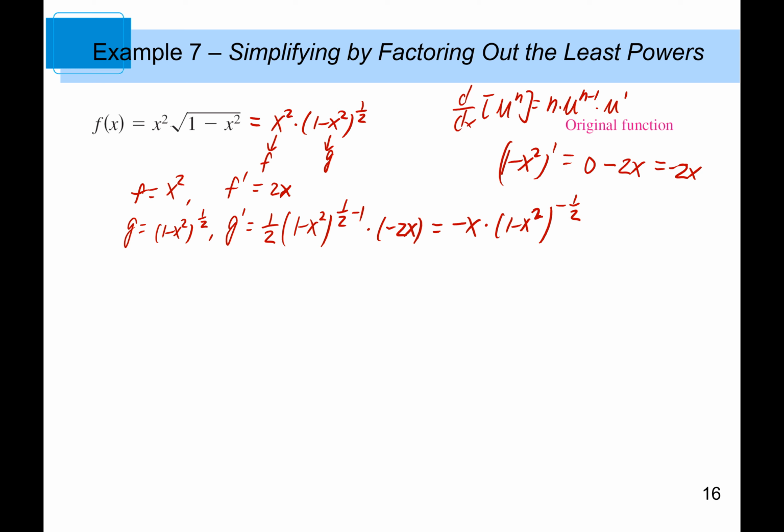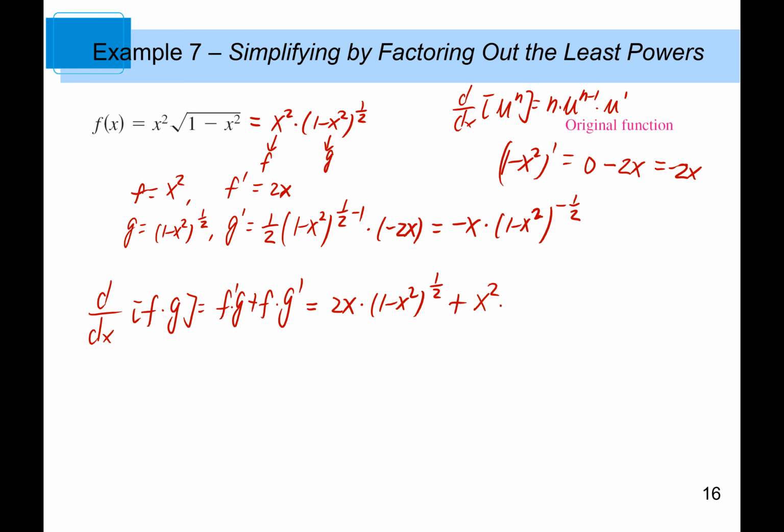Okay, so now we can apply the product rule. f times g, right? f prime g plus f g prime. So just plug in all those expressions. f prime is 2x times g, which is 1 minus x squared to the half, plus f, which is x squared, times g prime.